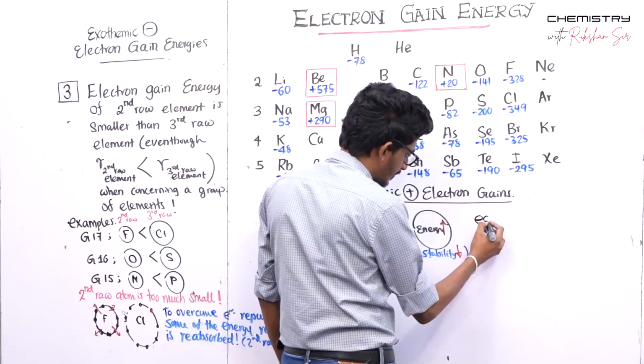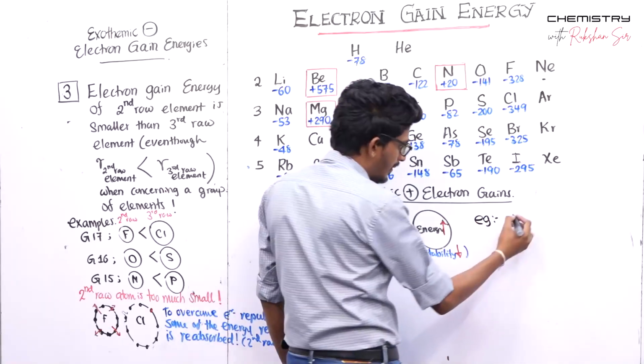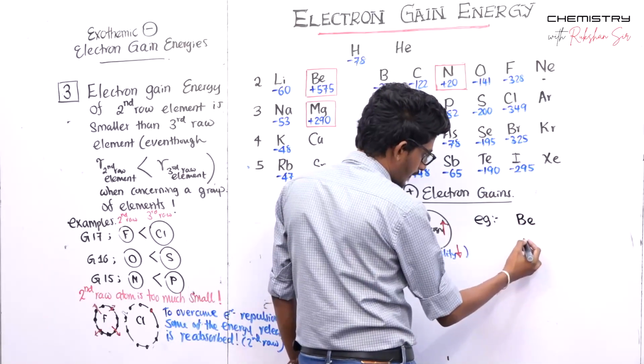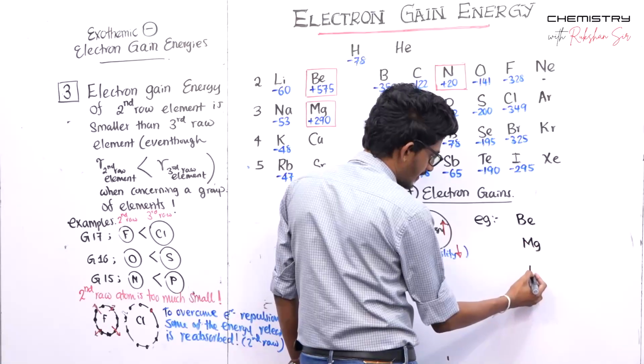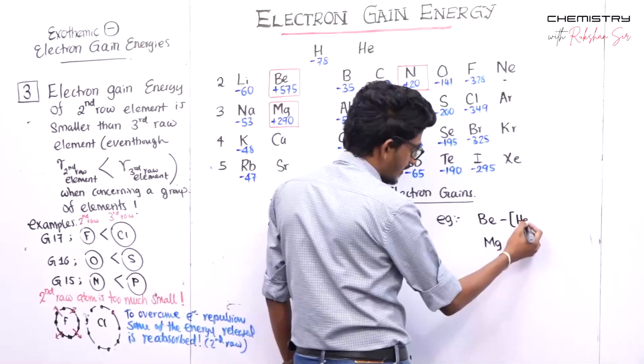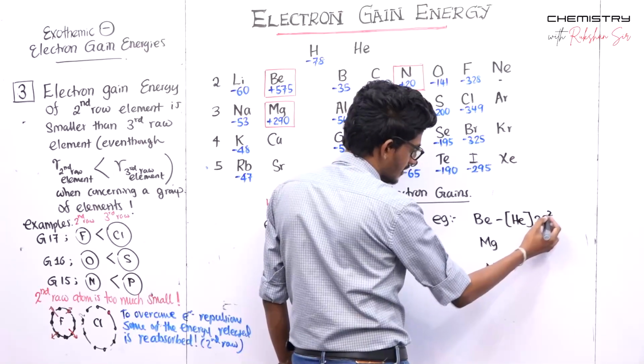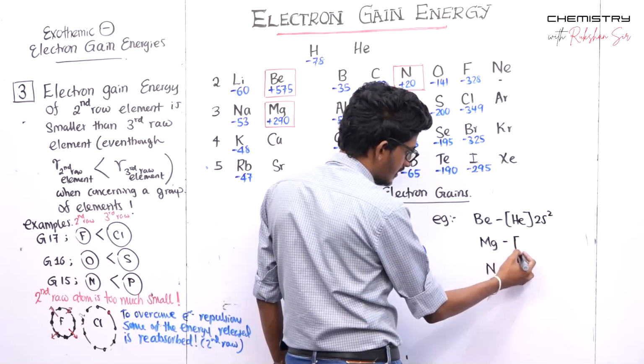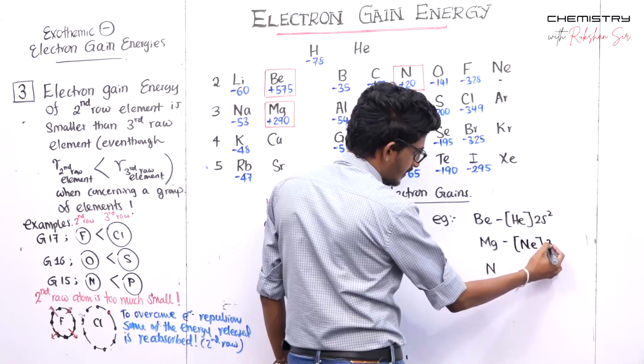The examples: beryllium, magnesium, and nitrogen. The beryllium is with helium and 2s2 configuration. The magnesium is with neon and 3s2 configuration.